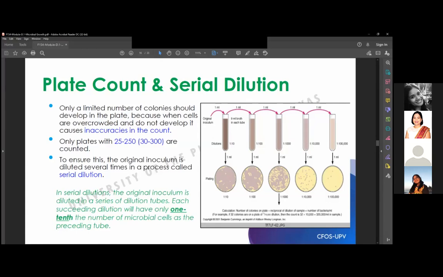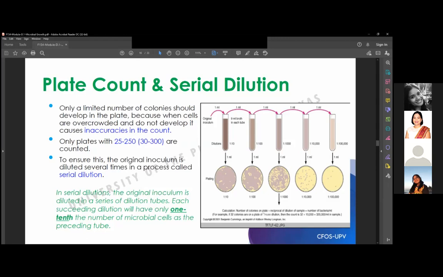in order to reflect the count in the Petri plates during plate counting, we use the unit colony forming units to indicate the number of colonies that formed within the Petri plate. It does not tell us the number of cells in the Petri dish that have grown after 24 hours.